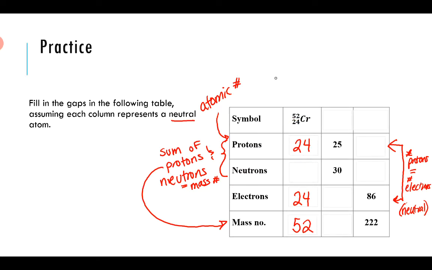We know that the number of protons plus the number of neutrons is equal to the mass number. So we can subtract 24 from both sides to get N is equal to 52 minus 24, which is 28.